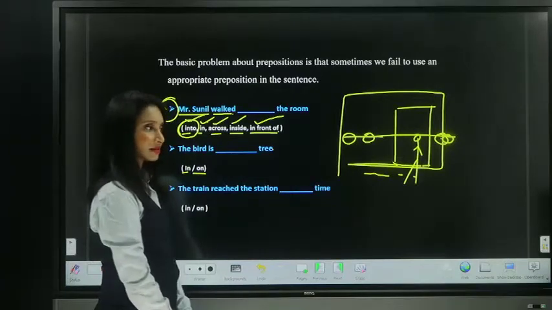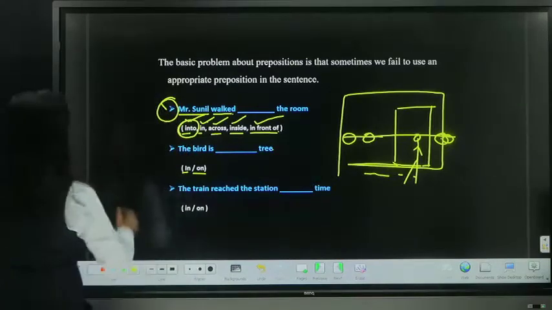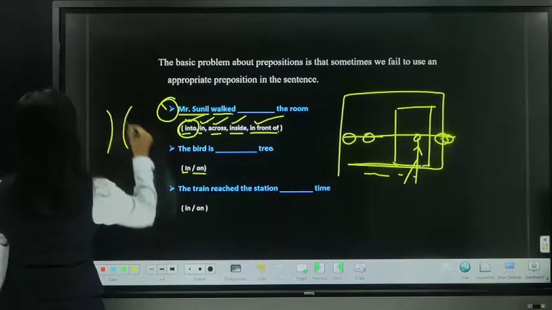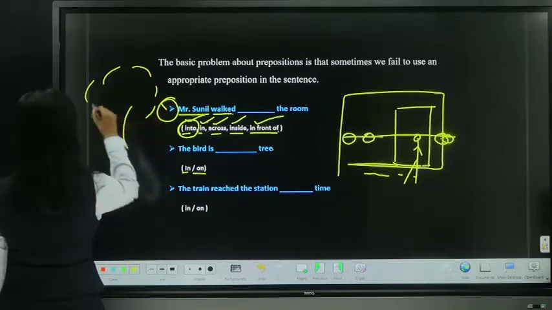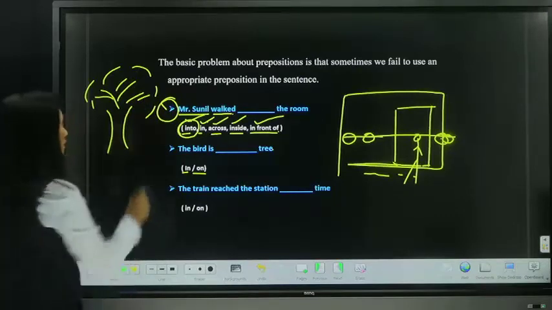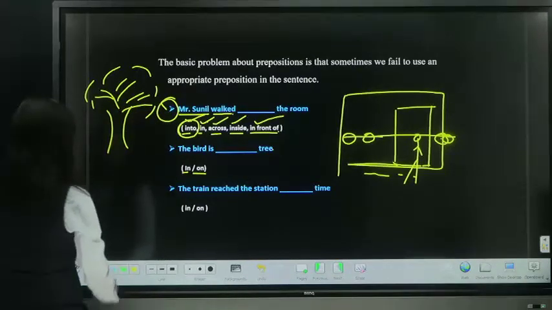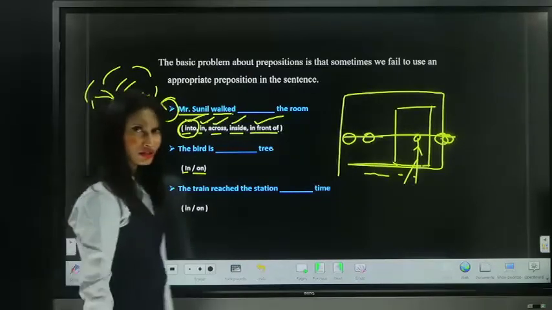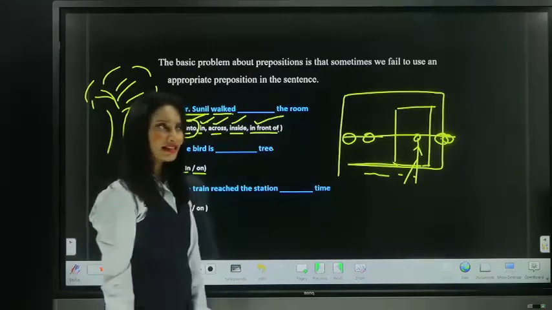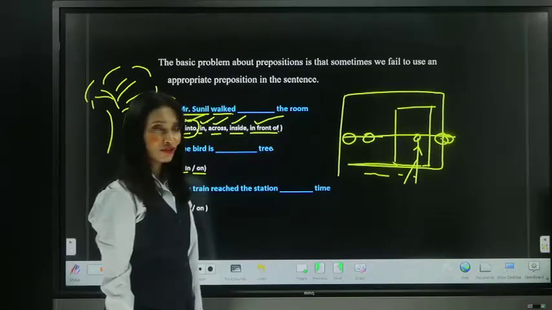What's your answer? So Swapna chose in, Sunny chose on. What about Akash? If you consider this as a tree, okay, Akash said in. Why in, Akash? Why do you think it is in? Why not on? So all answered on. Why do you think in?